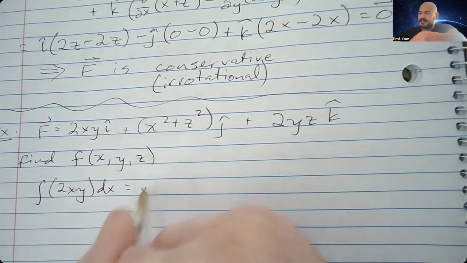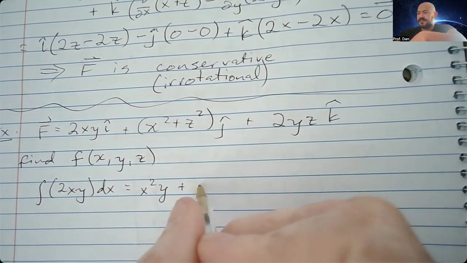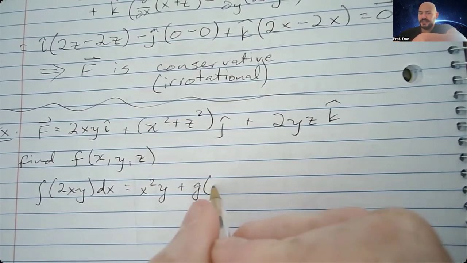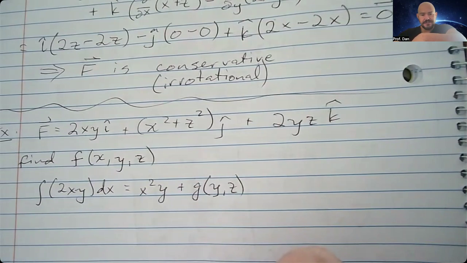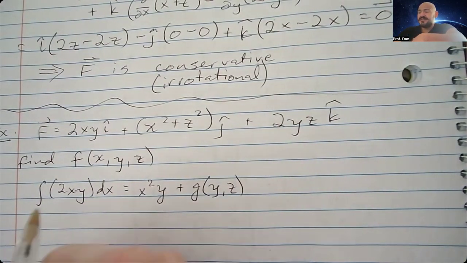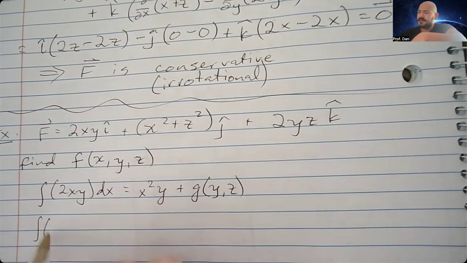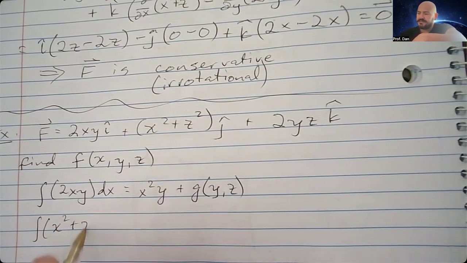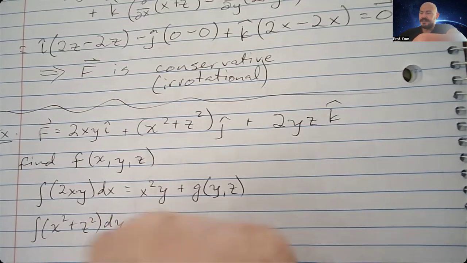I would get x squared y as my antiderivative, and I know that whatever the leftover is, it can involve y, it can involve z, it can involve functions or constants. Okay, and then similar thing with my j component. I can take the integral with respect to y.